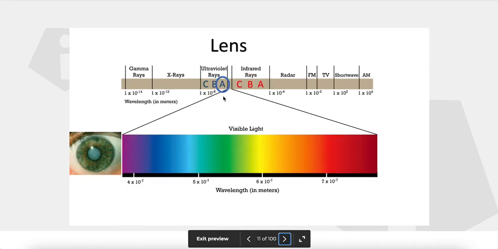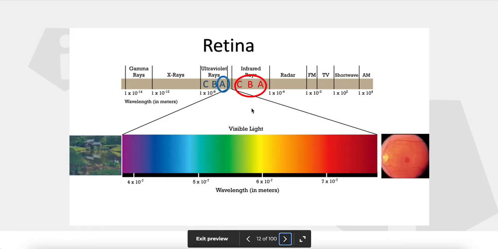The lens can absorb the ultraviolet A rays, which can sometimes be one of the responsible mechanisms for cataract formation. Finally, the ultraviolet A can reach the retina in some amounts, and all the range of infrared rays can pass through different ocular media to reach the retina, which can cause solar maculopathy or solar retinopathy.